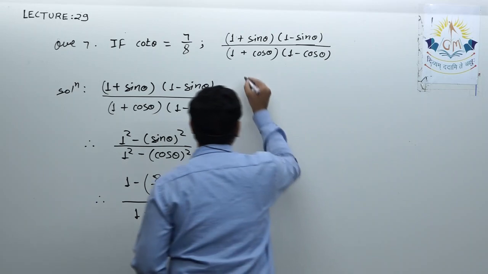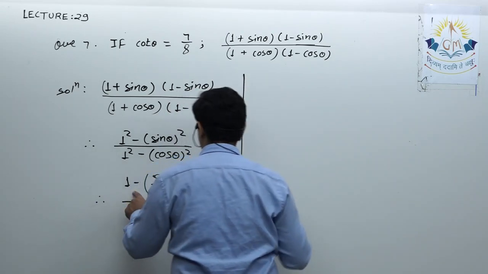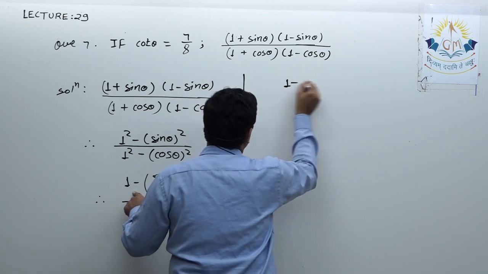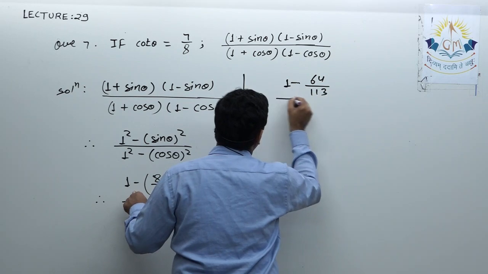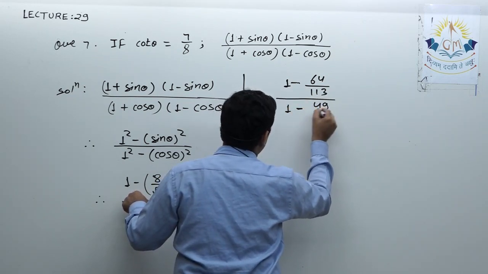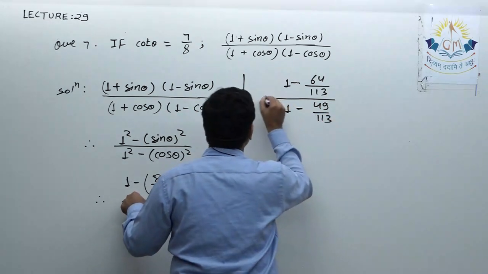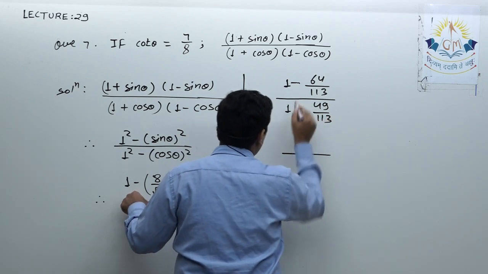Now in the numerator I do get 1 minus 64 upon 113 divided by 1 minus 49 upon 113.